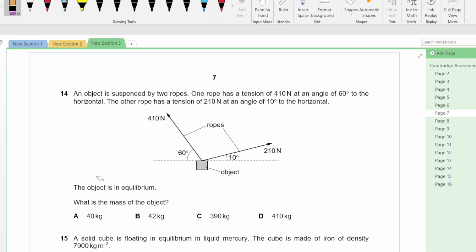Now resolve this 410 Newton vertically, which gives 410 sine 60 degree, and resolve this 210 vertically, which gives 210 sine 10 degree.